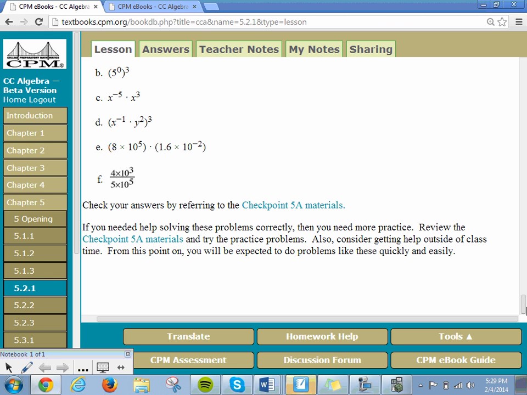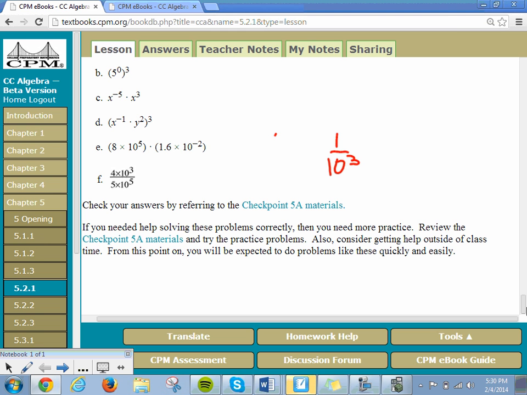All right, and then in F, same deal. I'm going to wait to do 4 divided by 5 till the end, but really what we have is 10 to the third over 10 to the fifth. We know that we'll have 3 in the top and 3 in the bottom, so when we cancel out what they have in common, this leaves us with a 1, and this will leave that with a 3, so we'll have 1 over 10 to the third.